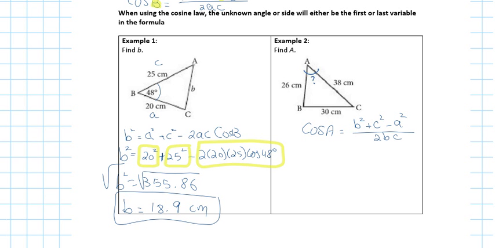Okay? So this is side C, this is side B, and this is side A. So that's going to be 38 squared plus 26 squared minus 30 squared over 2 times 38 times 26.